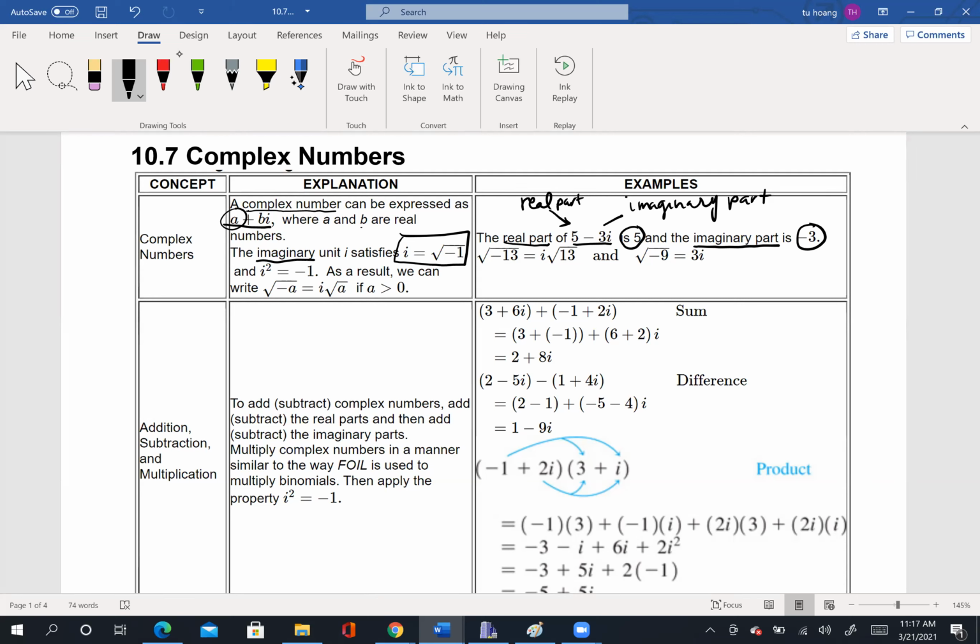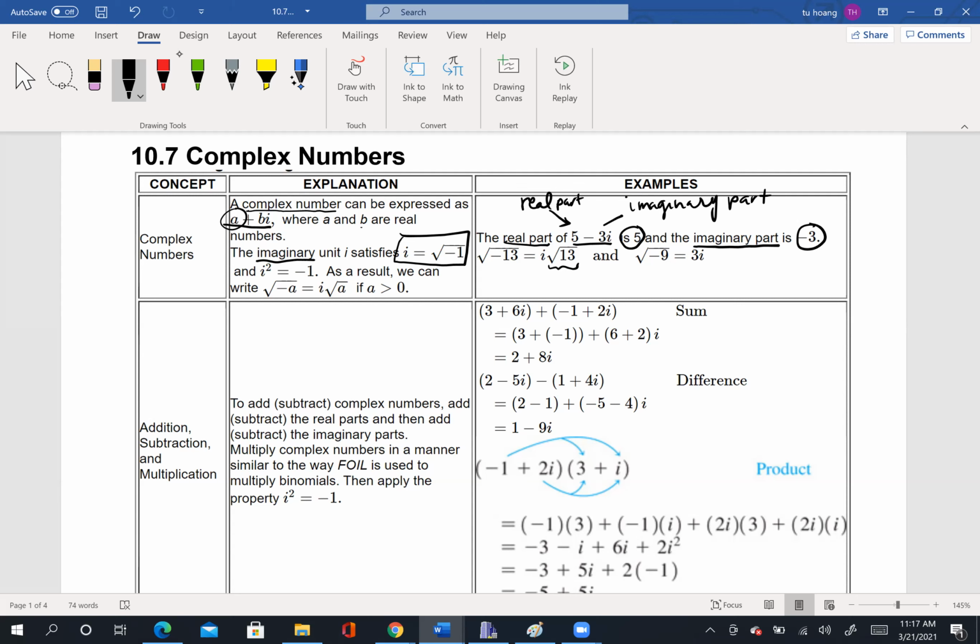Now you can know that a square root of a negative number, say the square root of negative 13, we can rewrite as i times the square root of 13, which means the square root of 13 here is the imaginary part, with i.